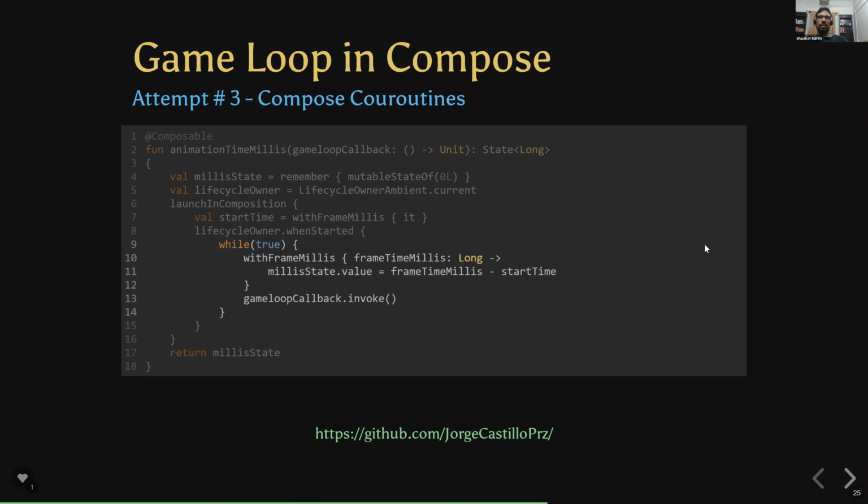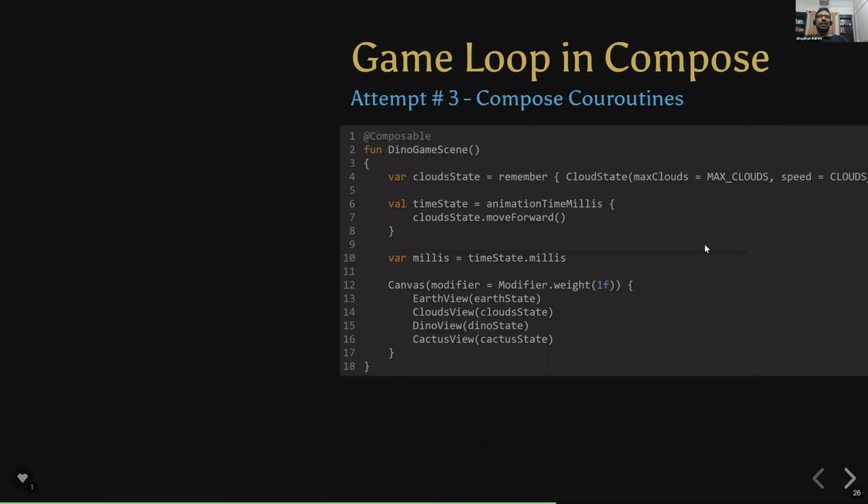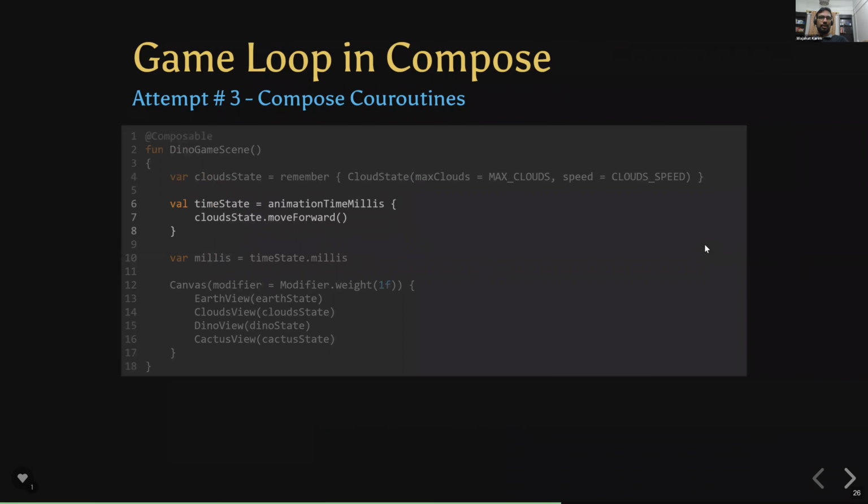Then there is a loop which is infinitely true, so with every iteration the millis variable will be updated. Then we return that millis variable and use it like this: time equals animation time millis. So now we have millis here.